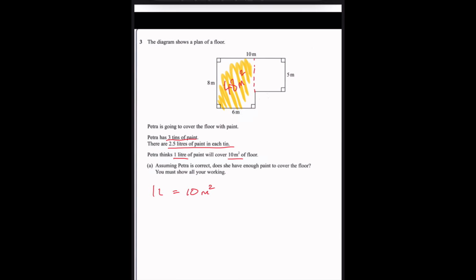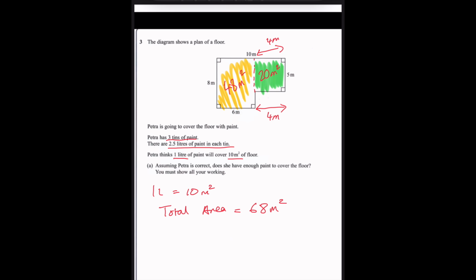And then for this green bit here, I'm going to need to do 4, which is what's left of the 6 here, 4 meters times 5. Okay, if this is 6 meters up to this point, I know the rest must be 4 meters. So I've got 4 meters times 5, which is 20 meters squared. So my total area is 68 meters squared.